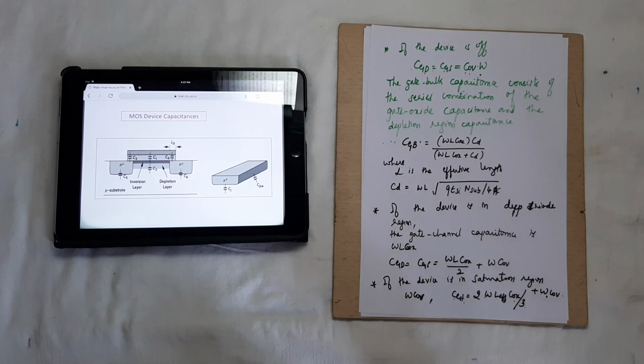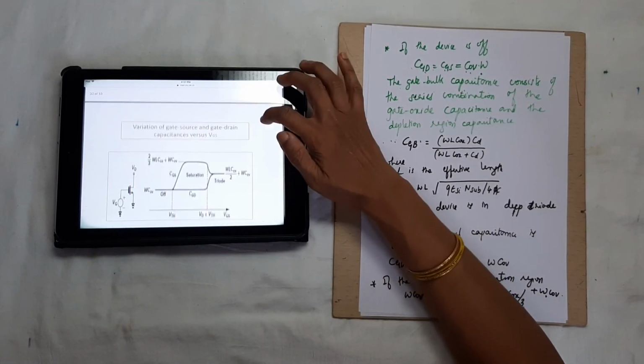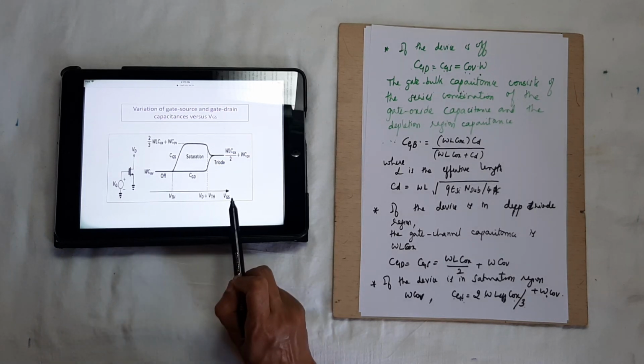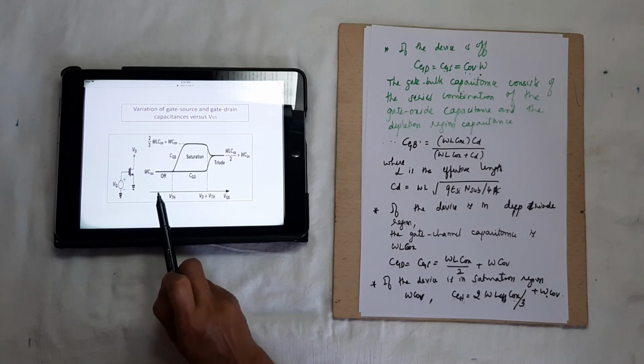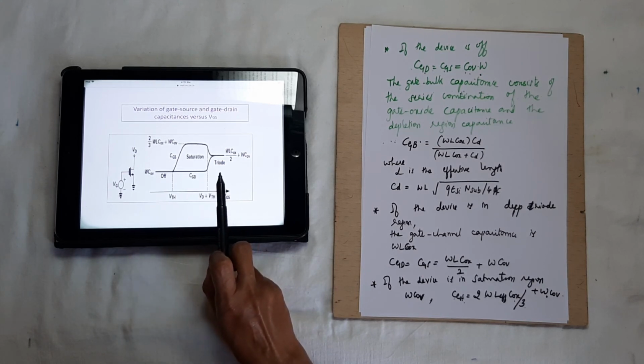All these together we can represent in a graph which is shown in this figure, that is the variation of gate source and gate drain capacitance versus VGS. This is VGS, and the three regions are shown. This is off region, this is saturation region, and this is the triode region.